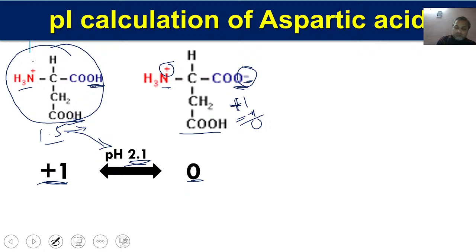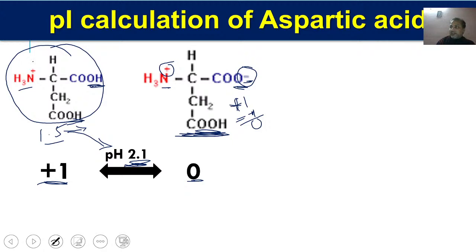So at pH 2.1, the amino acid exists in this structure. We have 3 pKa values: pH 2.1, pH 3 point something, and pH 9.9.